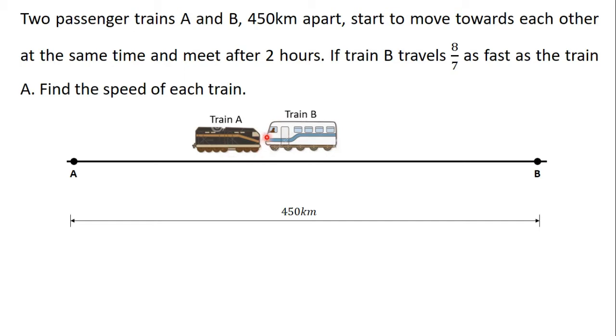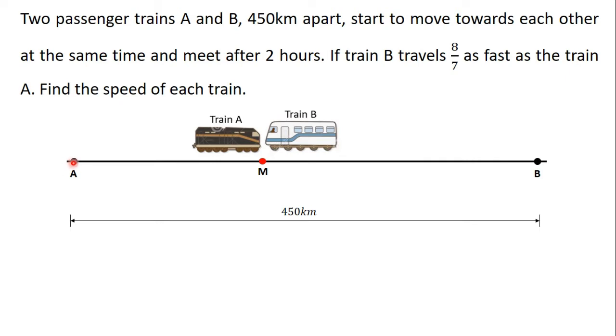So let's say that after 2 hours these two trains meet at this point. We are going to call that point M. I hope that is clear. The distance between the two trains is 450 kilometers. They start to move towards each other and meet at a point after 2 hours.